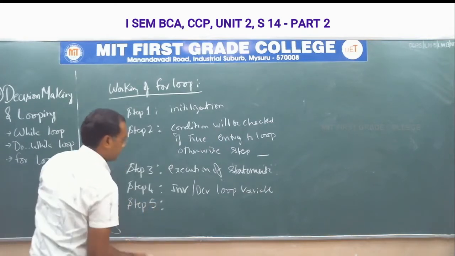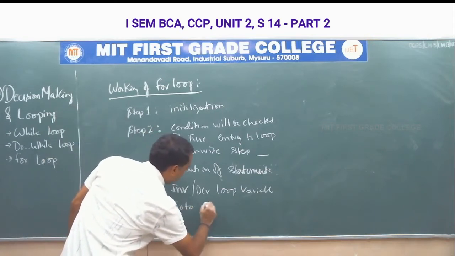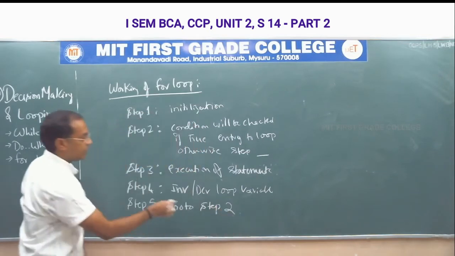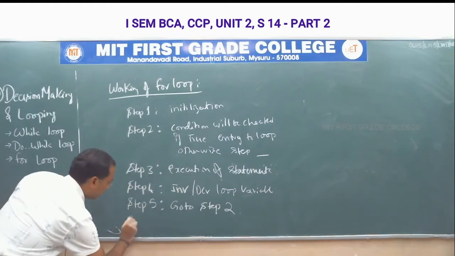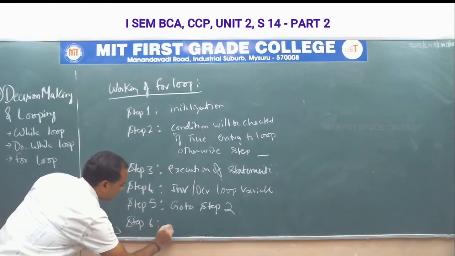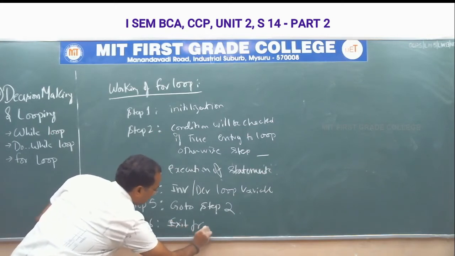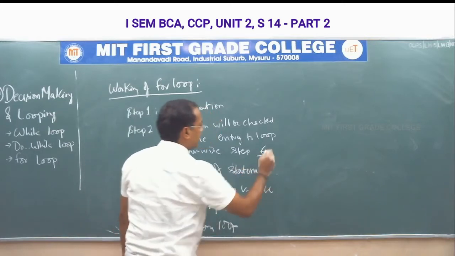Step 5, go to step number 2 just to check whether the condition is true. If true, repeat it. Step 6, exit from the loop. So here I have to write step 6.